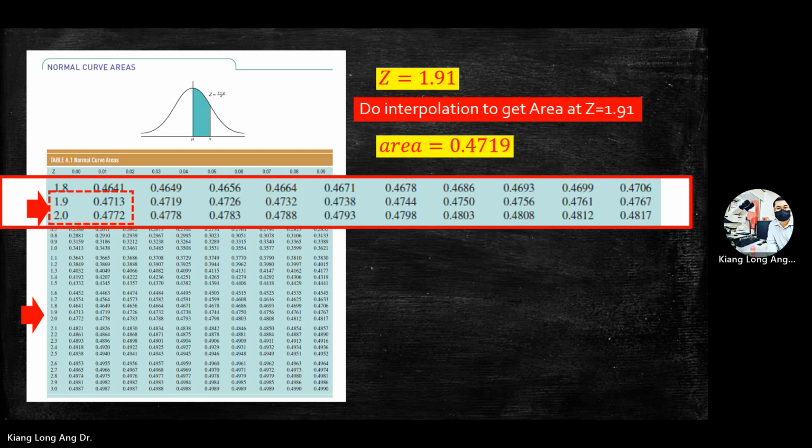As long as you get the correct numbers. Because sometimes the chart gives you until 0.001, 3 decimal places, then you need to do interpolation again. But for this module, I won't give you that detail. You don't need to go that detailed.